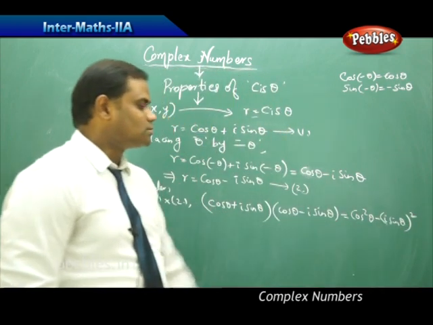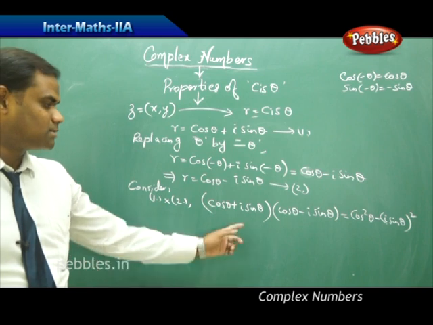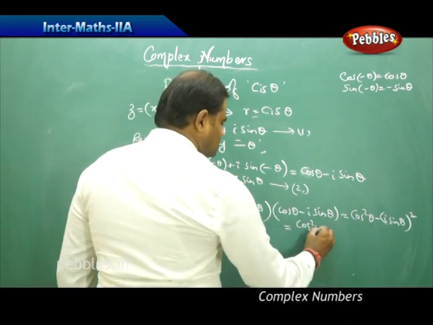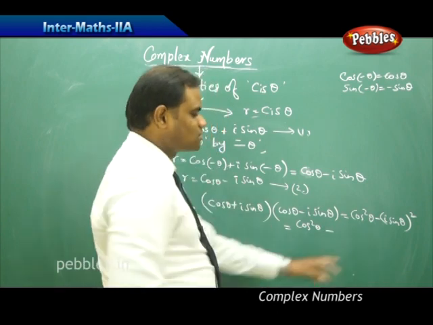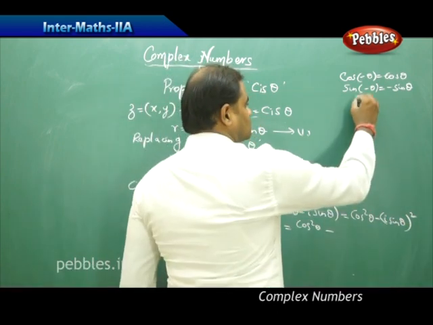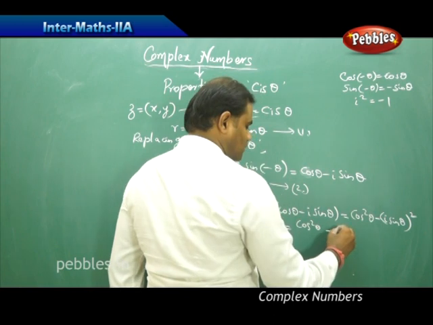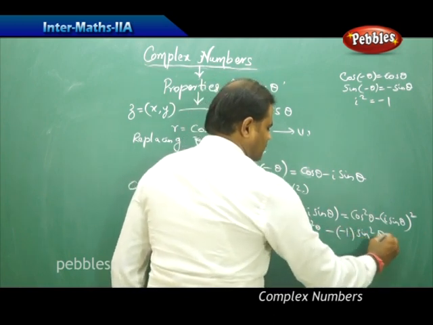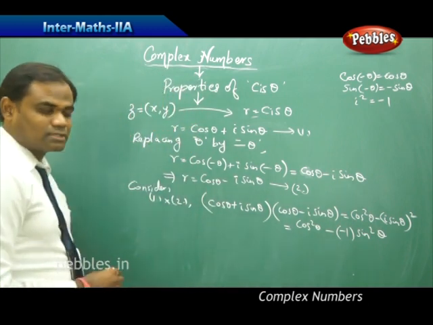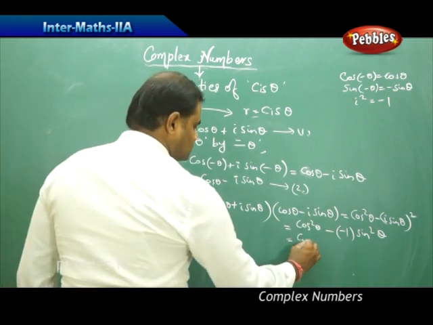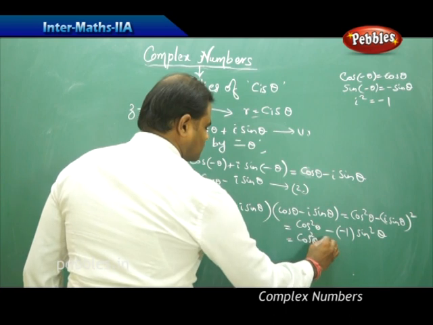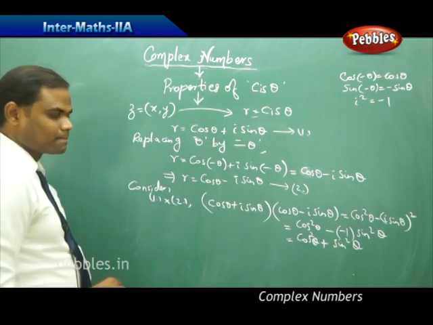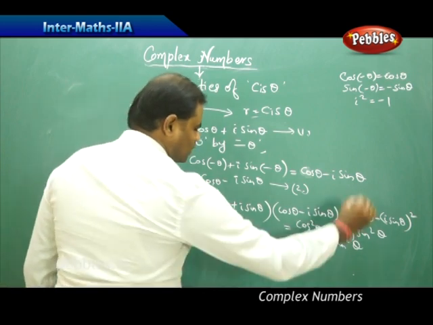This gives cos squared theta minus i squared sine squared theta, and we know that i squared is minus 1. So I get cos squared theta plus sine squared theta, because minus of minus is plus, which is nothing but 1.